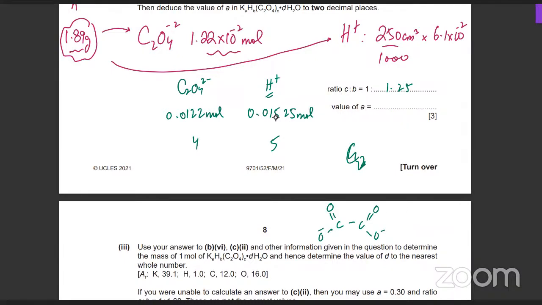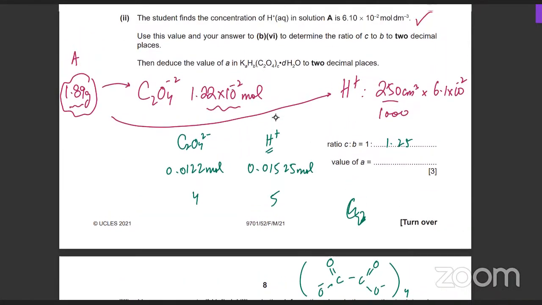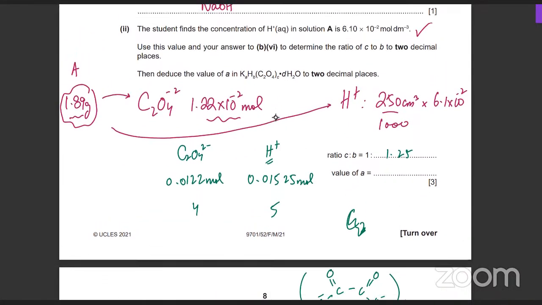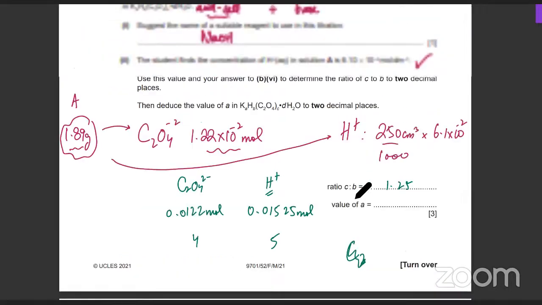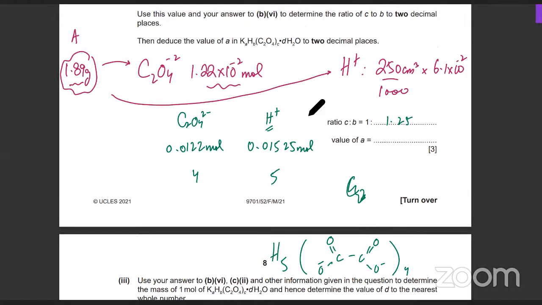You said that there were 4 of them, and H is B, so there's going to be 5 of H, right? And then you've got potassium as well, and you've got D as well. You've got water molecules as well.